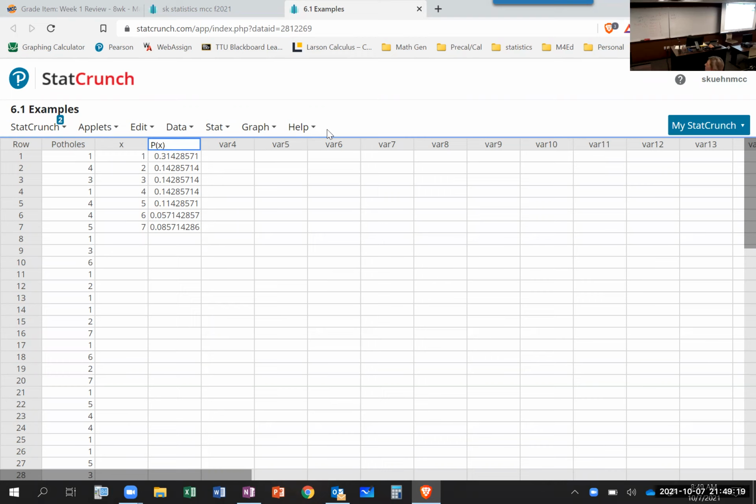So the first column would look like 1, 2, 3, 4, 5, 6, 7. Second column is going to look like 0.314, 0.143, and so forth.